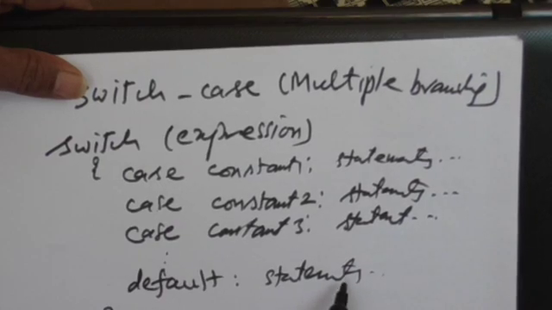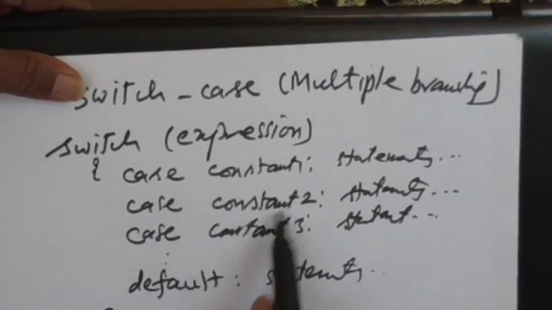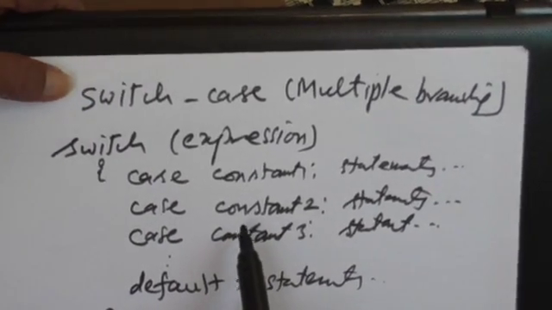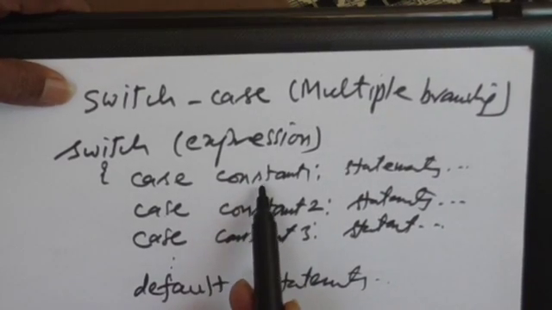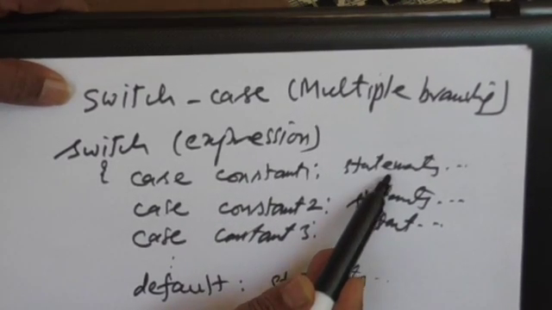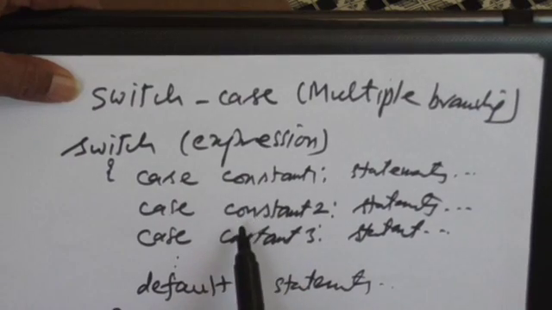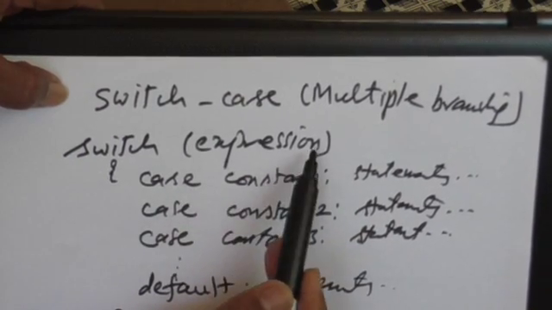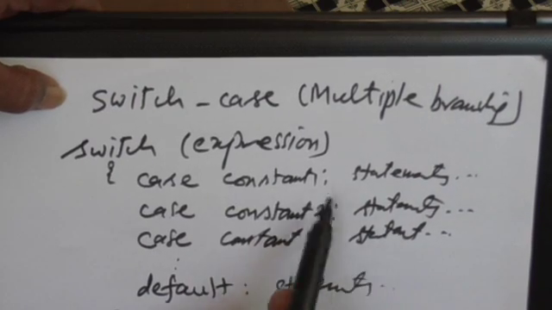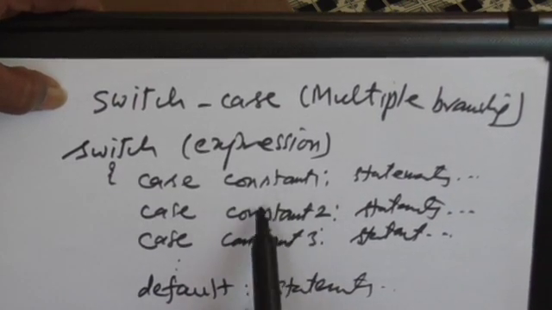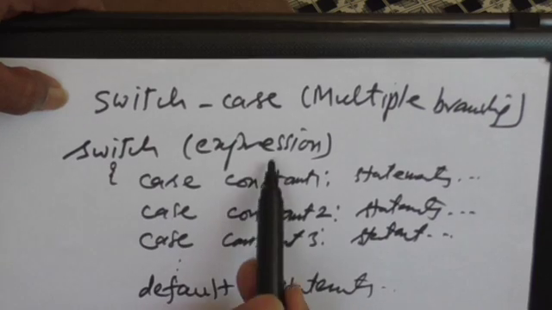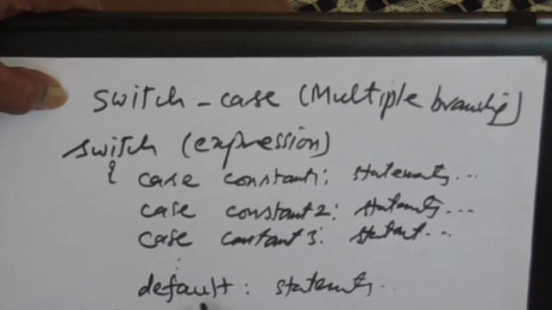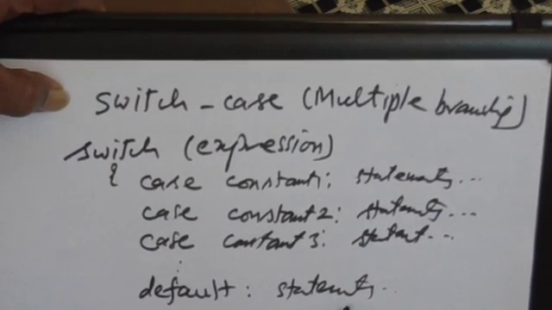This statement will be executed when none of the above matches. If the expression matches constant 1, this statement is executed. If the expression matches constant 2, this statement will be executed. If the expression matches constant 3, then this will be executed. When none of these constants matches the given expression, then the default statement will be executed.